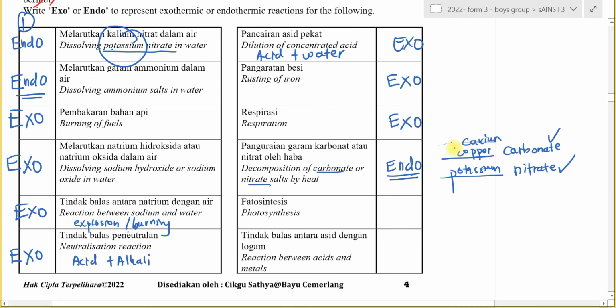Okay, photosynthesis. Endothermic. Reaction between acid plus metal. Endo also, sir. Endo, yes. Remember your Form 2. When you add in your metal, it will form hydrogen gas plus salt.